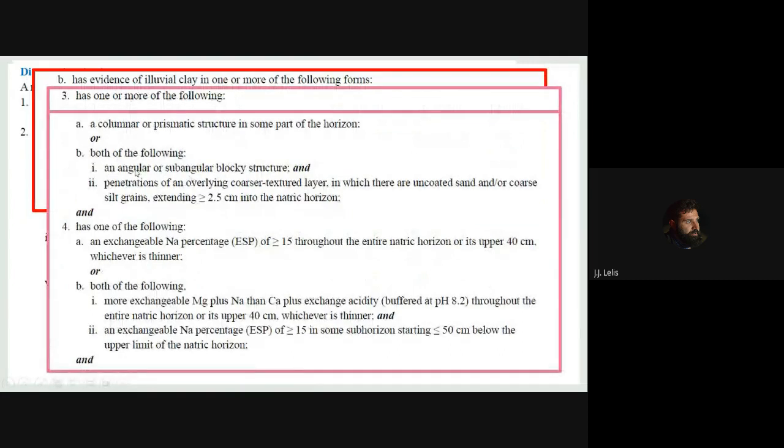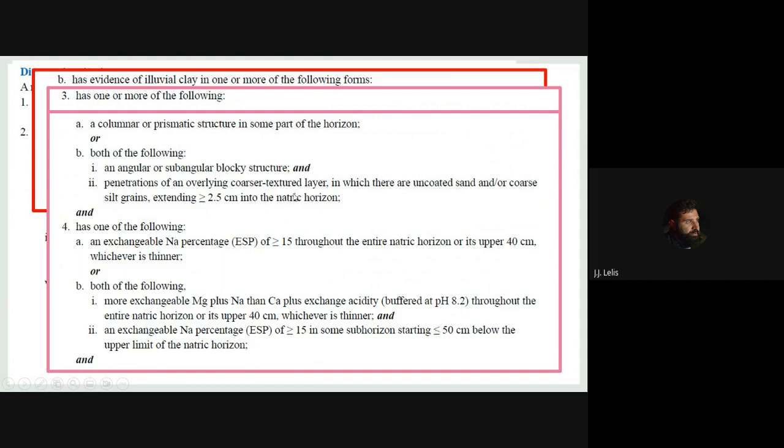Or it possesses an angular or a subangular block structure and a penetration of an overlying coarser texture layer in which we have uncoated sand and/or coarse silt grains extending at least 2.5 centimeters into the natric horizon.